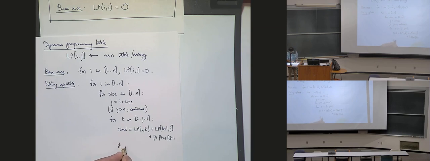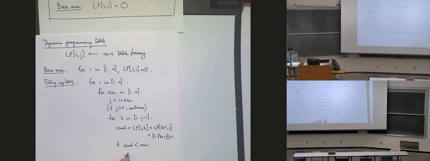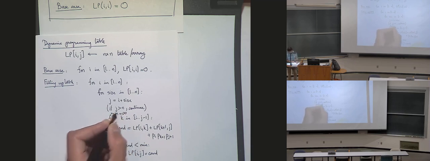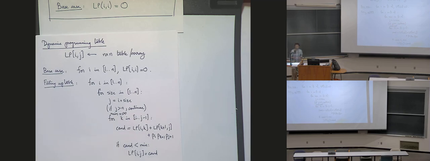And if the candidate is less than the min, then I'll set LP[i][j] to be the candidate. And for convenience, I will initialize the min to be infinity to start with.